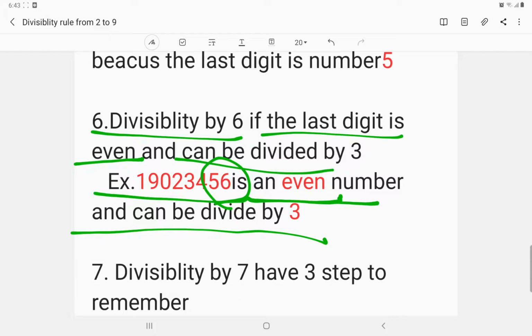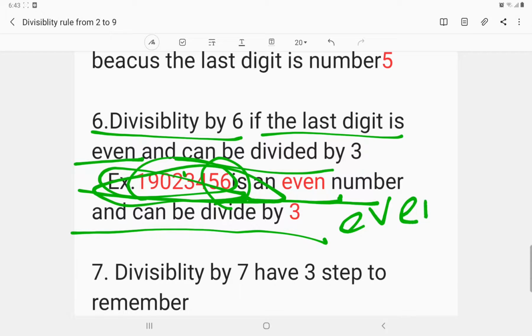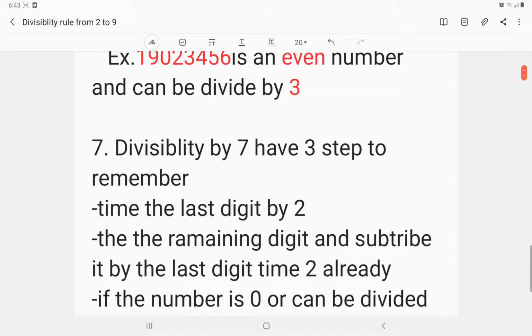So this number can be divided by 6 because it is even and can be divided by 3. So divisibility by 6: if the last digit is even and the number can be divided by 3. Still simple.